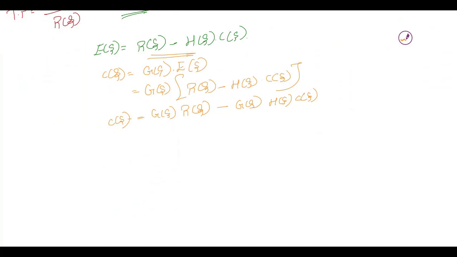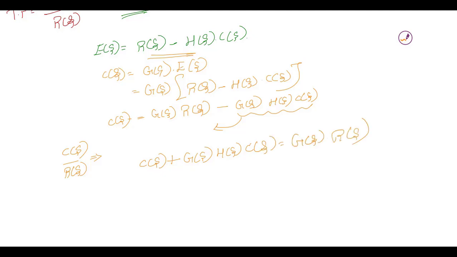We need to find the closed loop transfer function, that is C(s) divided by R(s). From this expression I take this part to the right side: C(s) plus G(s) H(s) into C(s) is equal to G(s) into R(s).